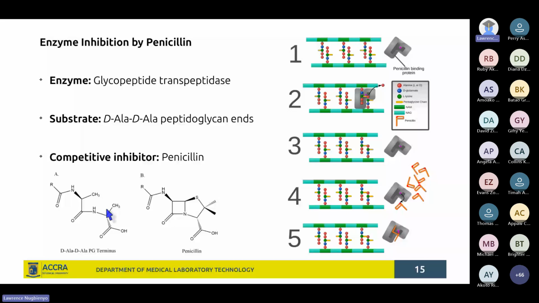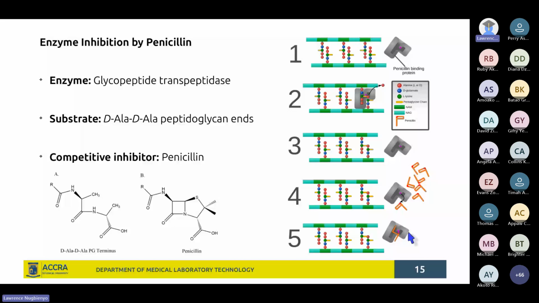And that is why you see penicillin is closed from the beginning, but when it comes into contact with the enzyme, the glycopeptide transpeptidase, it opens up and then binds into it. Sometimes referred to as a suicide mechanism, sort of as if it's not active, but the moment it comes into contact with the enzyme, then it opens up and binds to it.